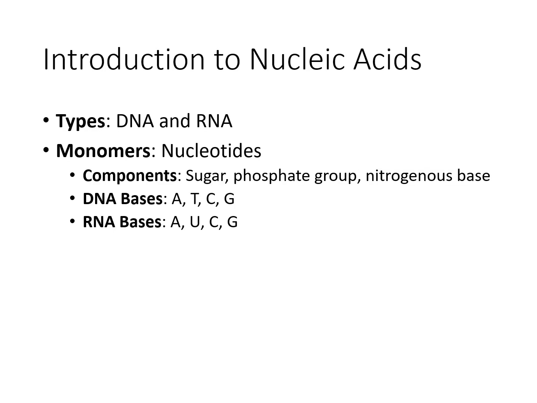Now let's look at the final group of macromolecules, nucleic acids. There are 2 main types, DNA and RNA. Both are made of monomers called nucleotides, and each nucleotide consists of 3 parts, a sugar, a phosphate group, and a nitrogenous base. In DNA, the 4 bases are adenine, thymine, cytosine, and guanine.